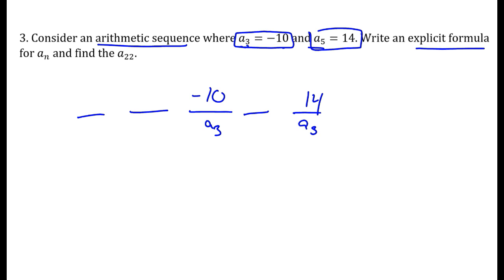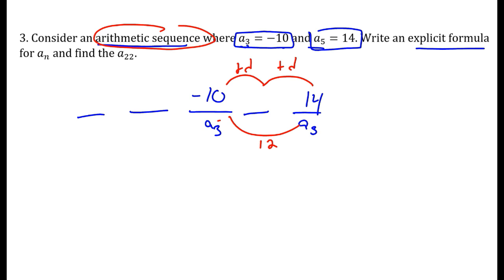Write an explicit formula. Then find a sub 22, the 22nd term. An arithmetic sequence means I add the same number each time. I have that common difference. There's a common difference, and there's a common difference. But that jump is 24.